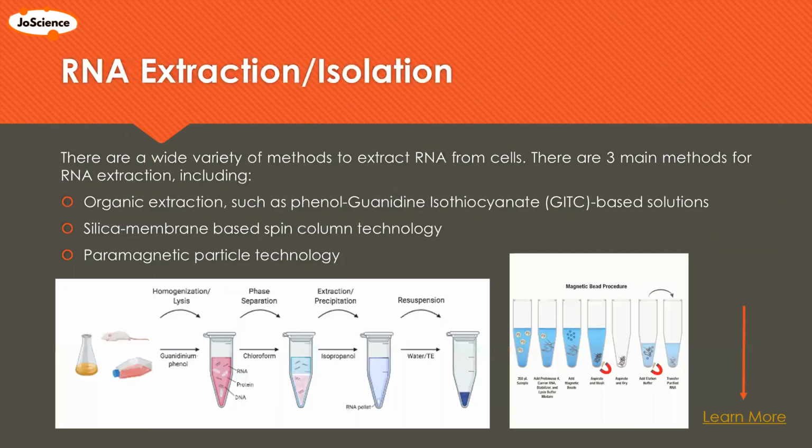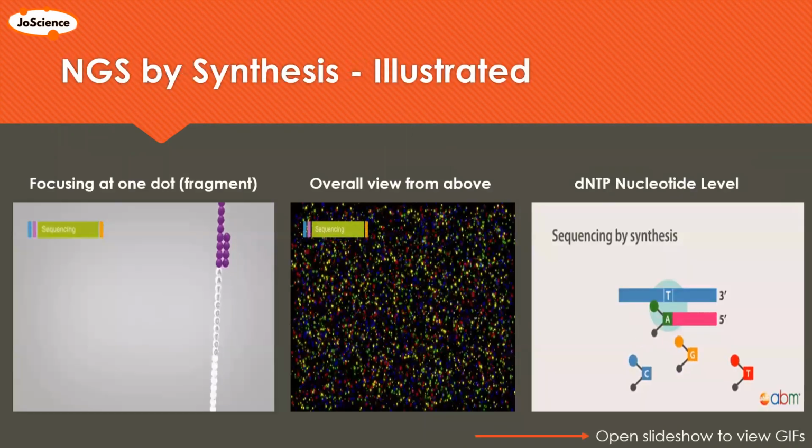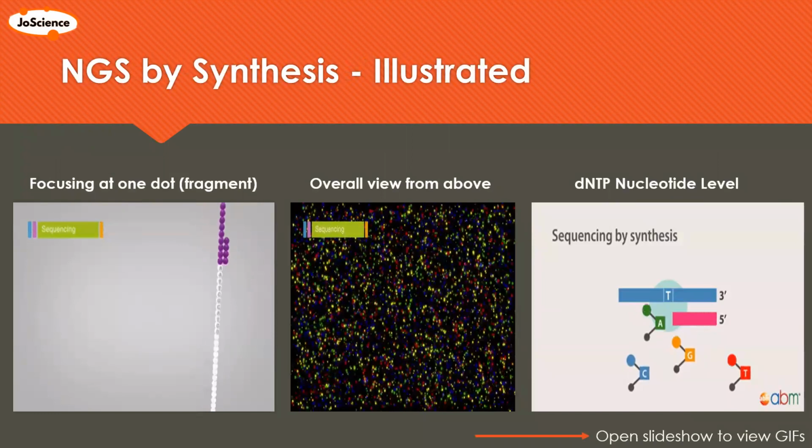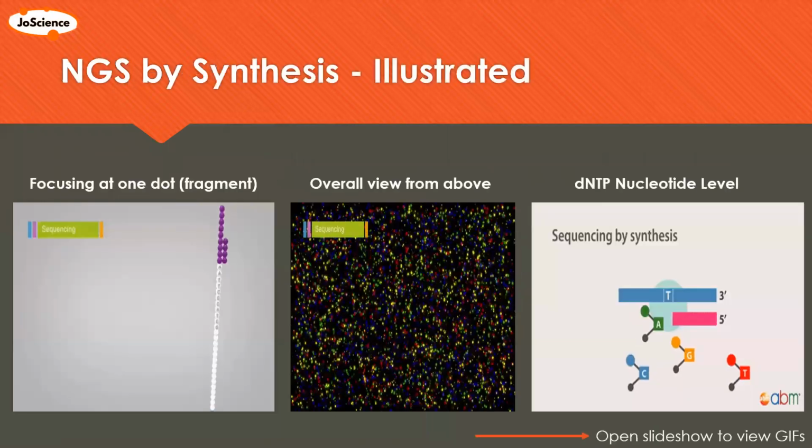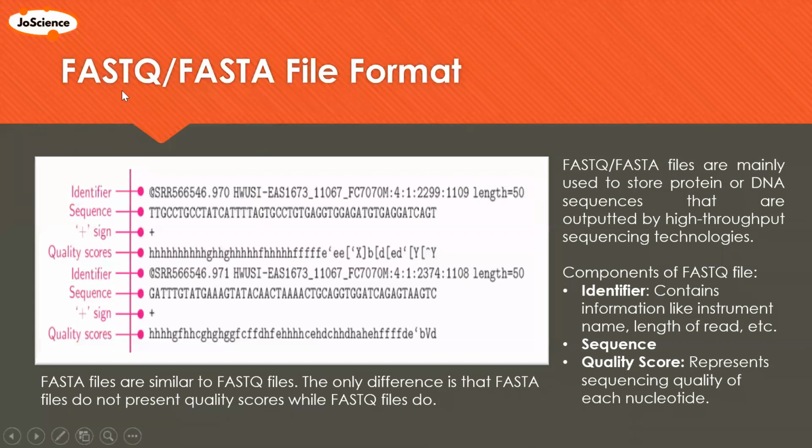So this is the RNA extraction, and the steps of sequencing, which starts with creating a cDNA library, and so on. We have looked at the different file formats that are used to store sequencing, one of which is the FASTQ file format that's used to store sequencing and report the quality per each nucleotide or per each base.